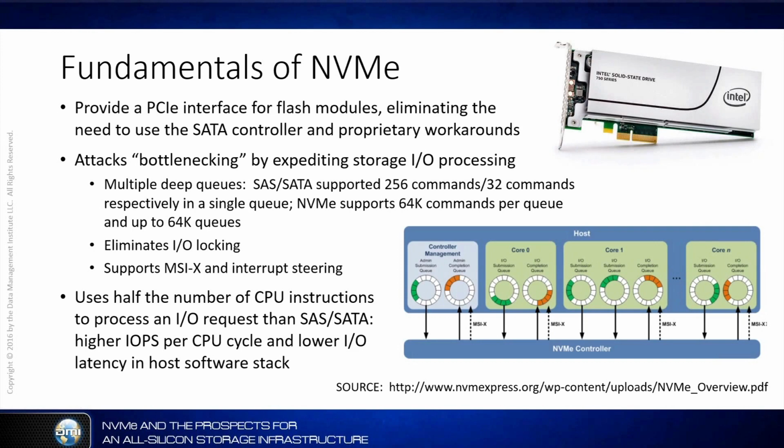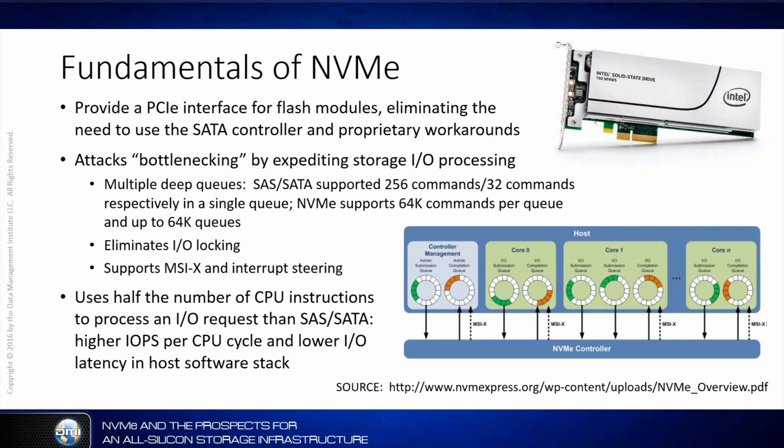Now, the PCIe bus enables several capabilities that SATA did not have. For one thing, SAS supported 256 commands, and SATA 32 commands, buffered up into a single queue, and you'd basically stack up all your commands in that queue, wait for them to be processed by the device that was connected to the SATA controller.